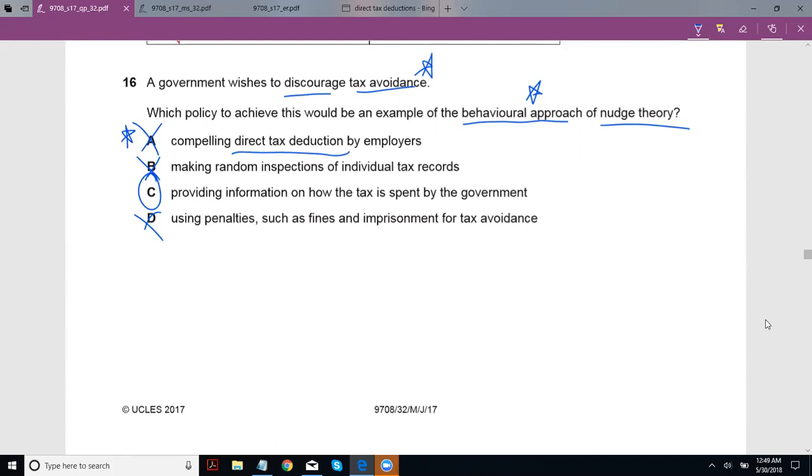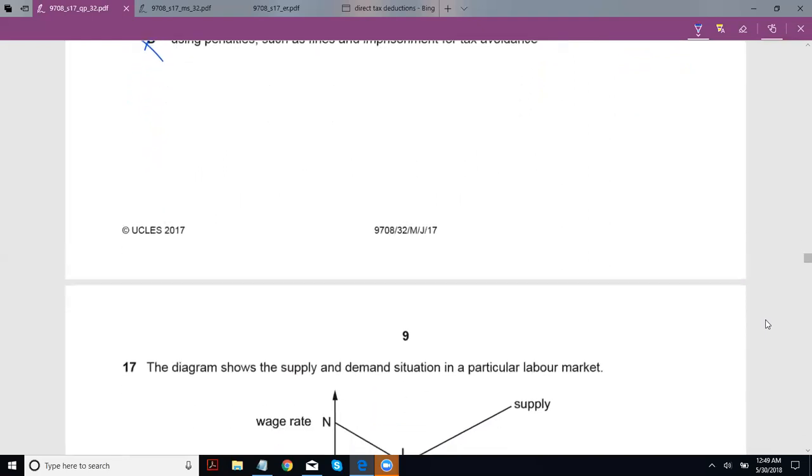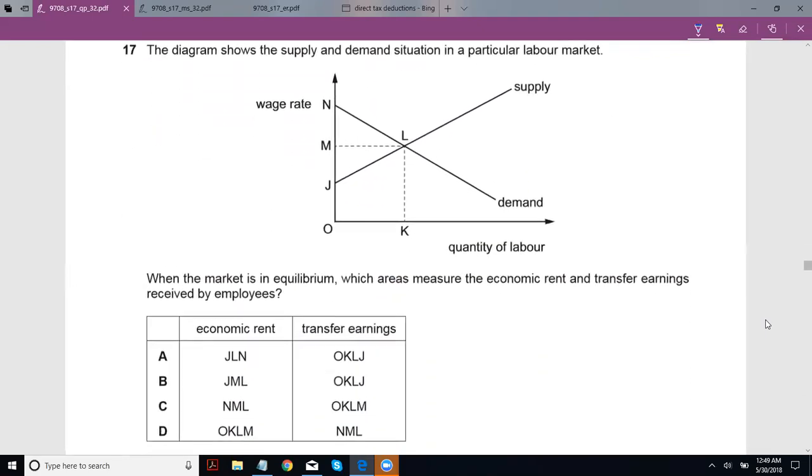However, one could say, as we see by the Laffer curve, that when you reduce your tax rate, or the amount of income that tax is applicable to, making tax less of a burden, it does in a way discourage tax avoidance, because you think, it's not as much as before, might as well pay it. However, that's not an example of nudge theory, which is why we'll not do A.